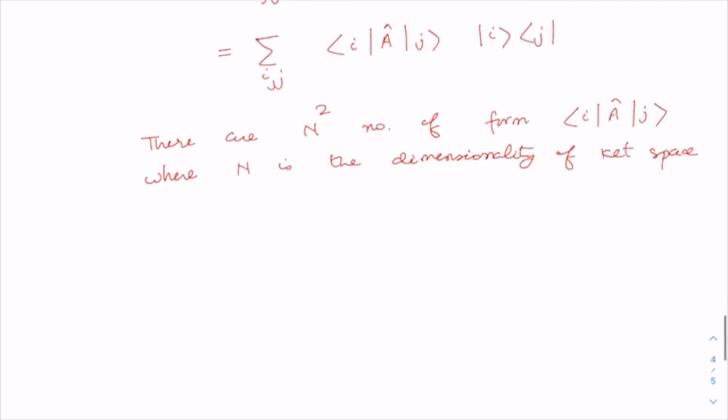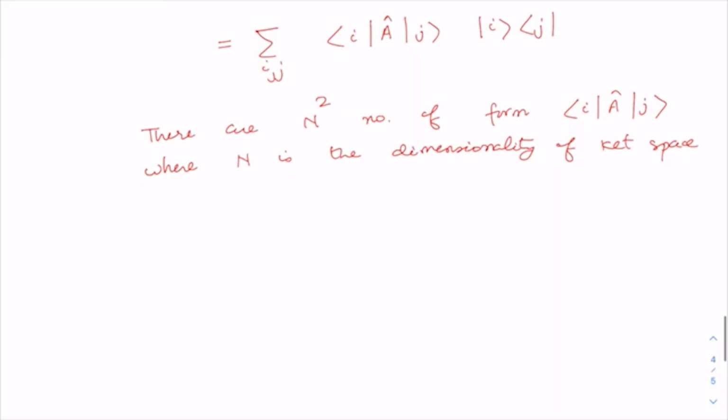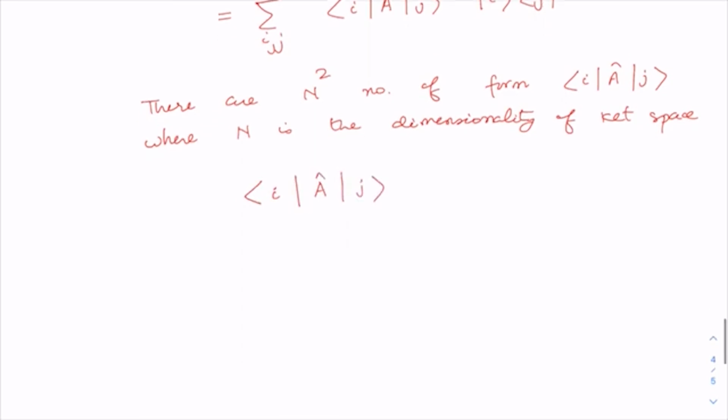So we may arrange them into an n by n square matrix such that the column and the row indices appear as follows. So I have this form here. This would be the row and this would be the column.